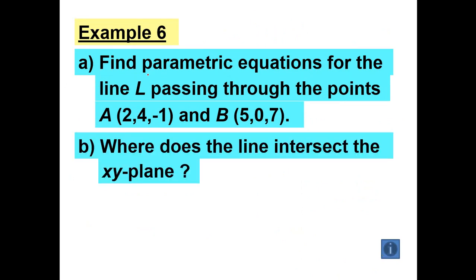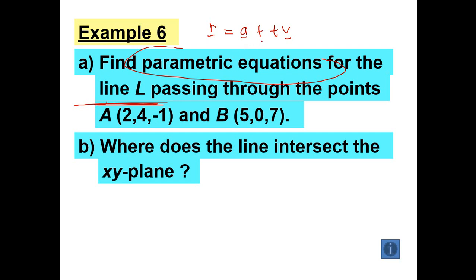Example 6. Find parametric equations for the line L passing through the points A and B. Parametric equation for a line. The vector equation for a line, the formula, is r equals a plus dV. This is the vector equation for a line.